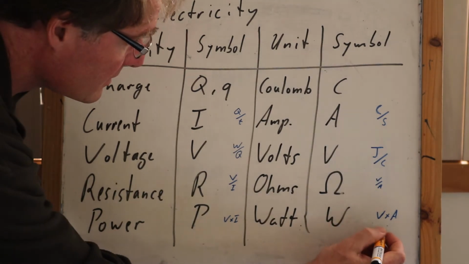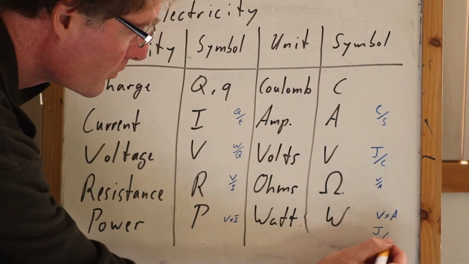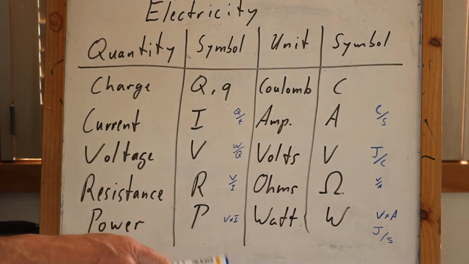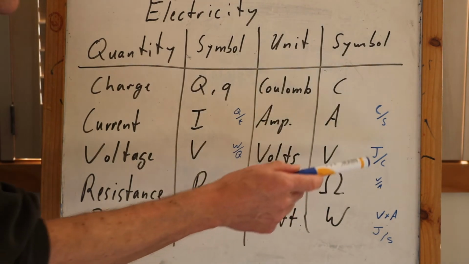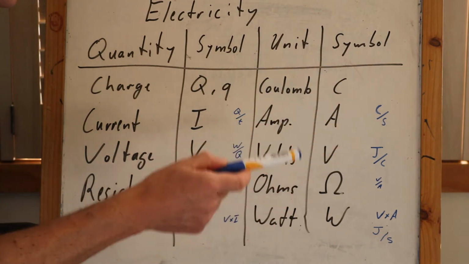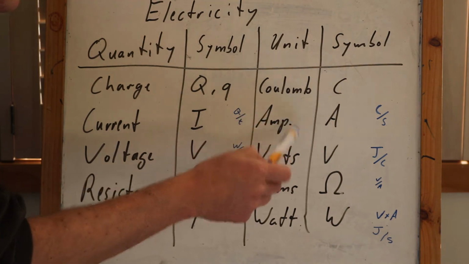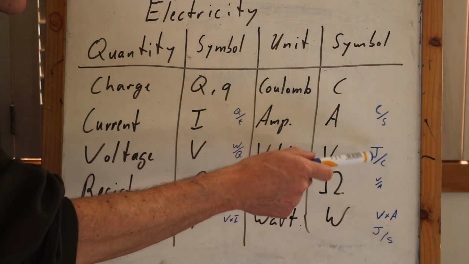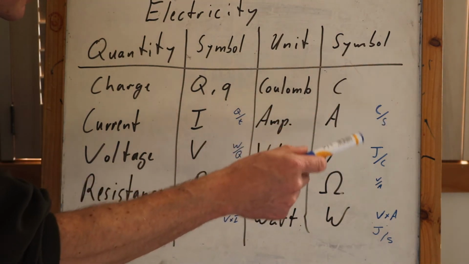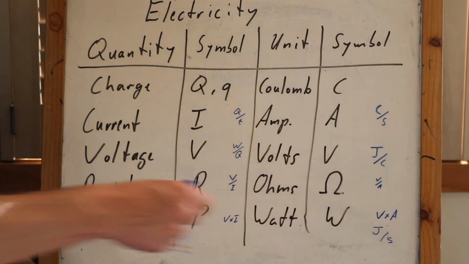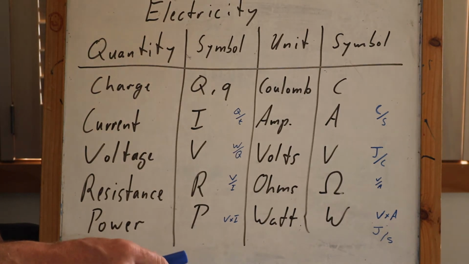Okay, I could actually write that here as well, joules per second. So it's a combination of joules per Coulomb and Coulomb per second. If I multiply one by the other, I get joules per Coulomb times Coulomb per second, which is joules per second. This is where that voltage times current comes from, the voltage times amps.